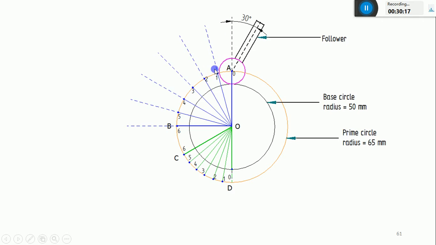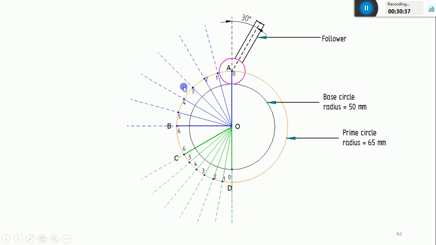Please keep the protractor over here. Take this as a reference line. Just indicate 30 degrees. Before that, I'll extend these also. I'll extend these radial lines corresponding to the outstroke, the return stroke also, as you can see here. So I extended these lines also.